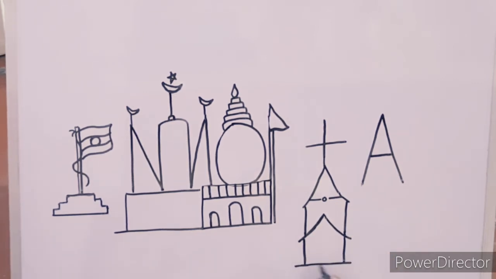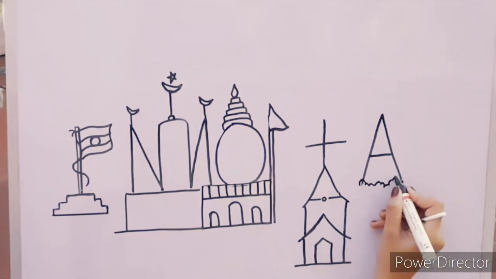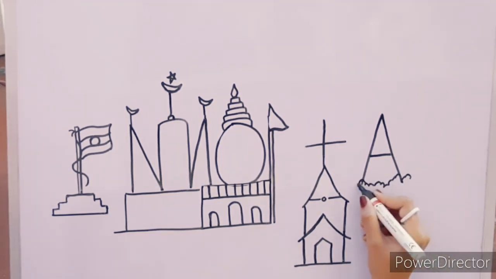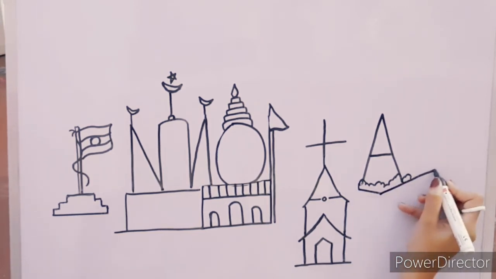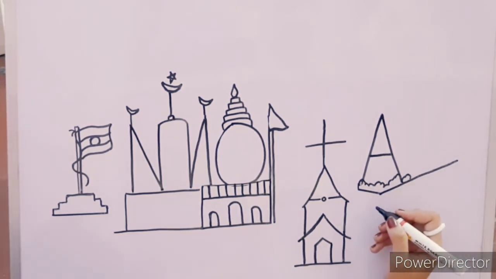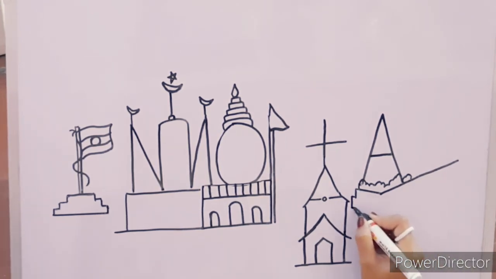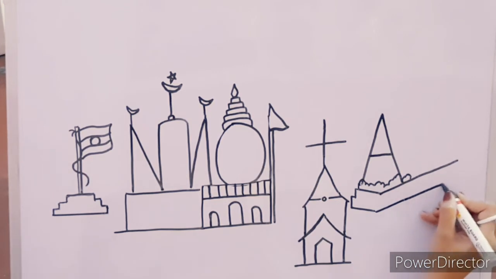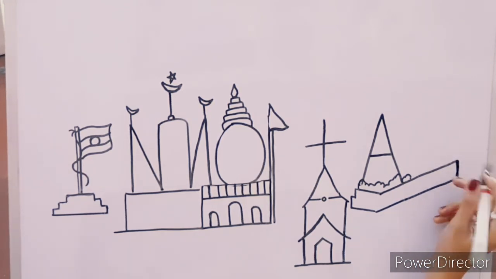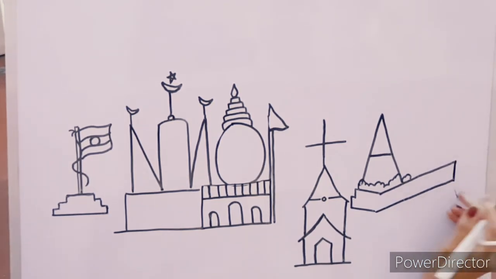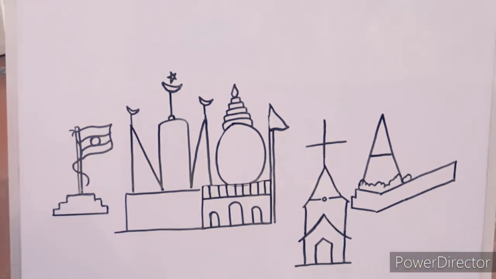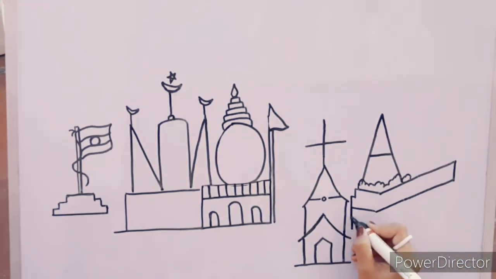You can see, like this way we will complete another I, drawing with another I. Next we will proceed to A, the last letter of this word, India, A. Now here we have drawn a slanting line like this. Like this way we are going to complete.